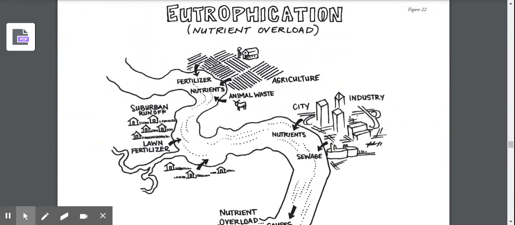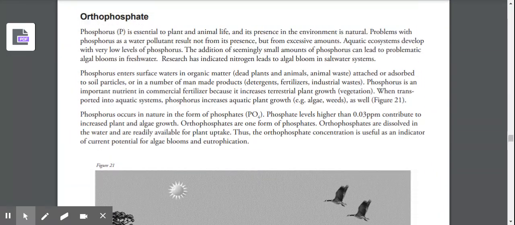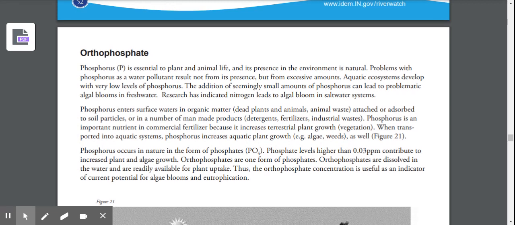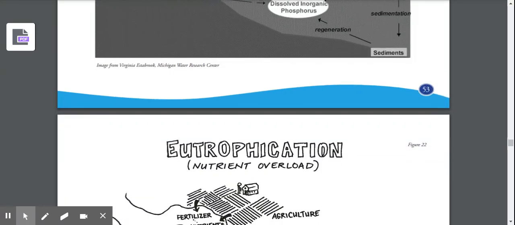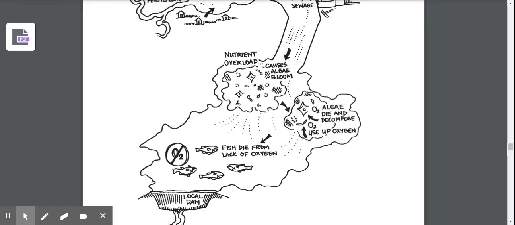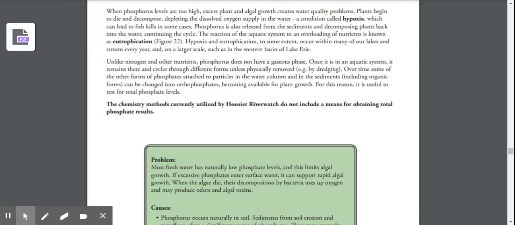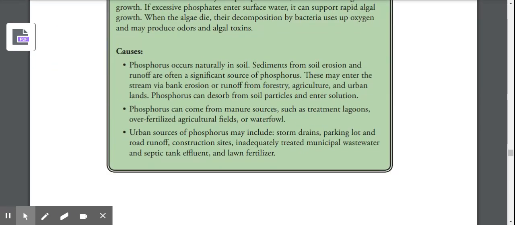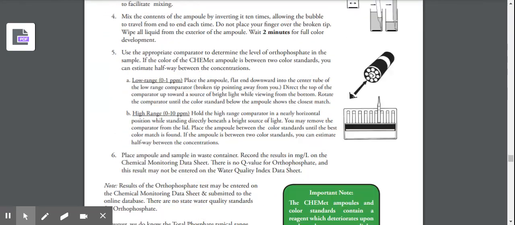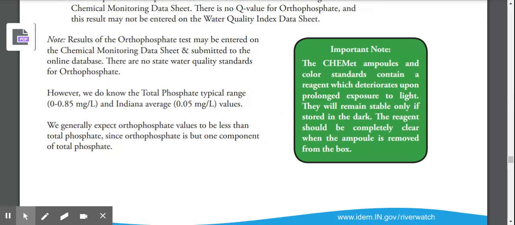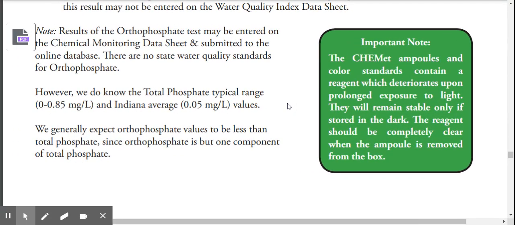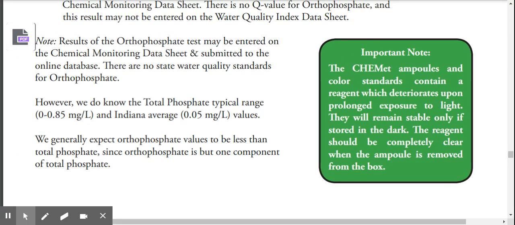Phosphate group, can you tell us what you find out? Oh yeah, did you guys find out anything? No, you're good. So we found that there's not really a Q value for phosphate. So the way we understand it, we got 0.1 as our average. And the way we understand it is anything over 0.03 increases plant growth and algae growth.